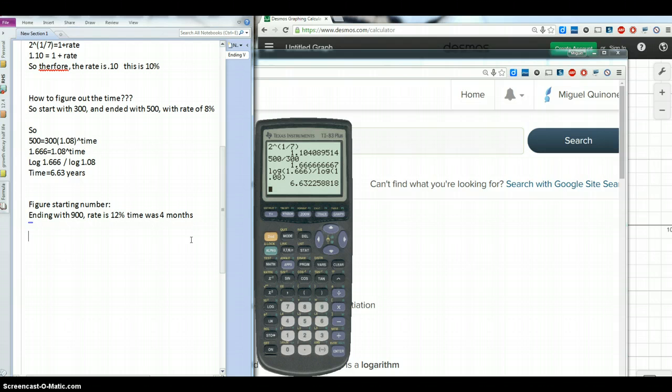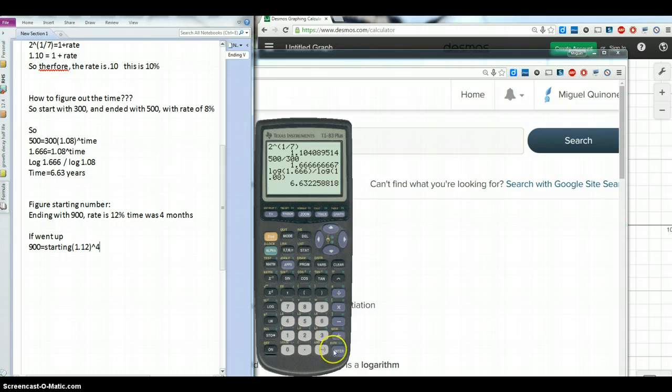So this one, we started off 900 equals, so let's say this one's going to have if went up. So we're going to call it starting, times 1 plus the rate, 12%, so 1.12, and to the power of 4.